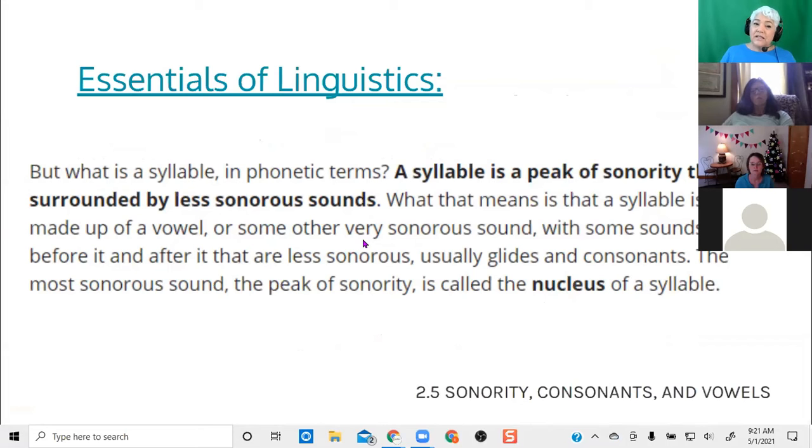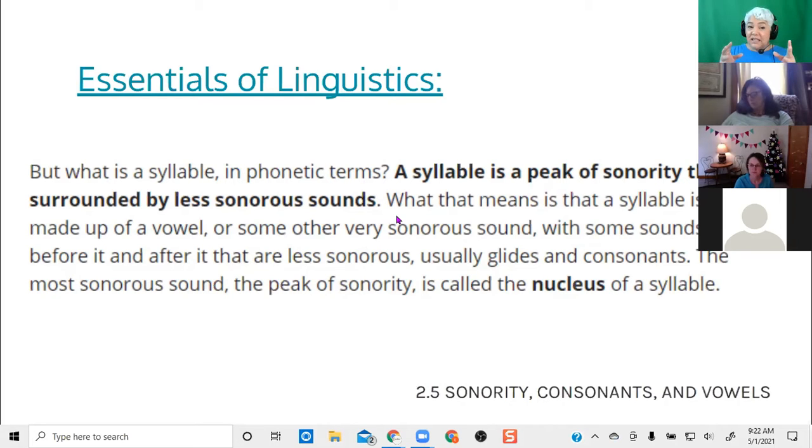So going back to linguistics, the linguists, they study language. That's their job. Let's look at what they say. A syllable is a peak of sonority that's surrounded by other less sonorous sounds. So sonority, when they do those sound waves, and they measure when your voice has more volume and length, that is a syllable.